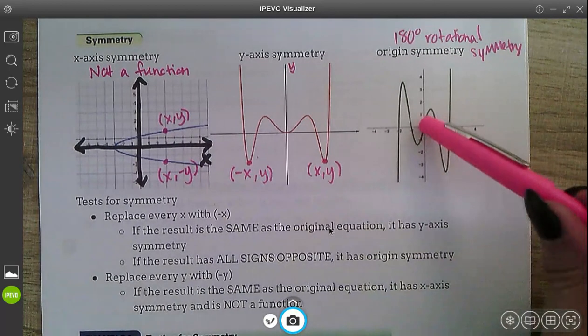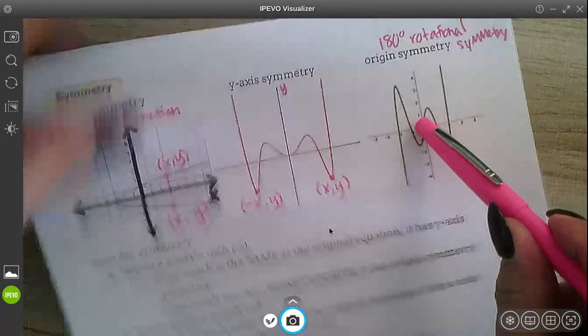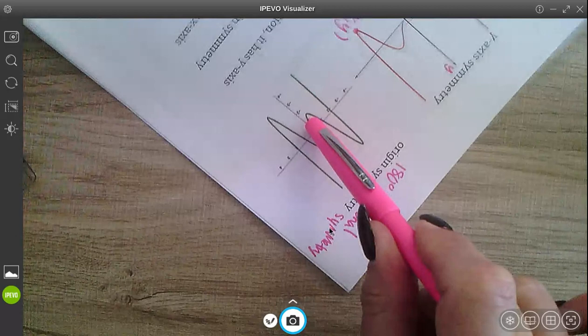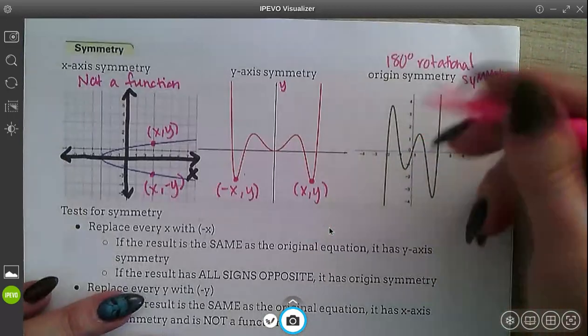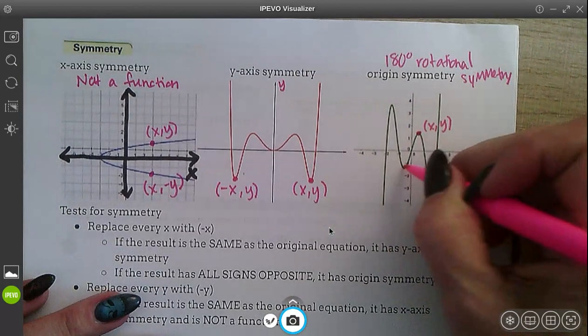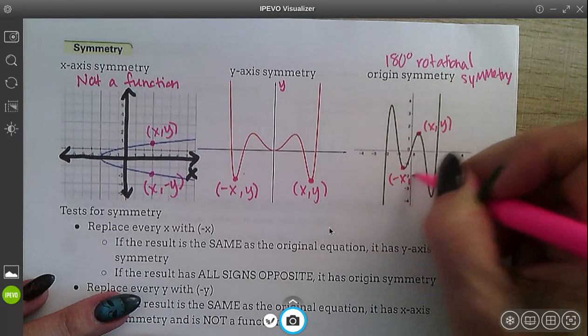Or if you hold the origin still and spin the whole graph upside down, the graph would look exactly the same. So the point that would be the same here would be (x, y), and its matching point would be (negative x, negative y).